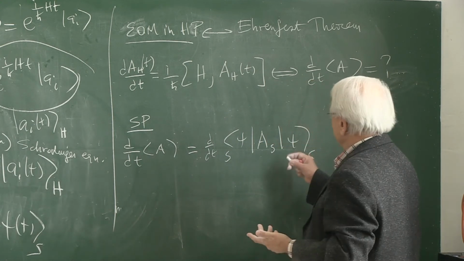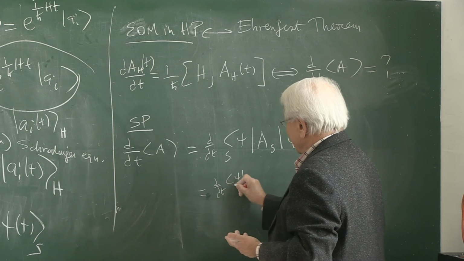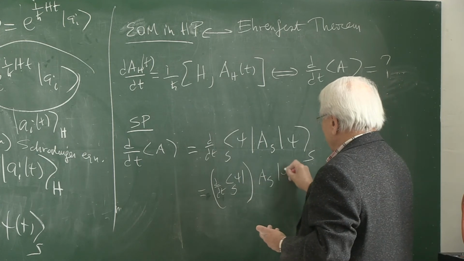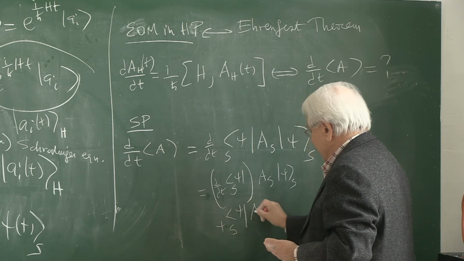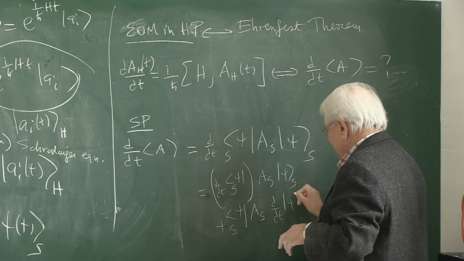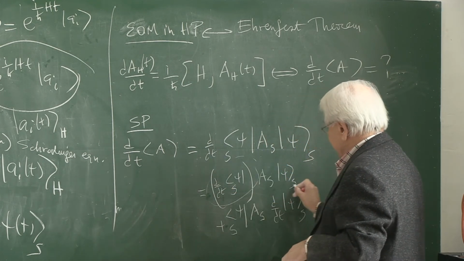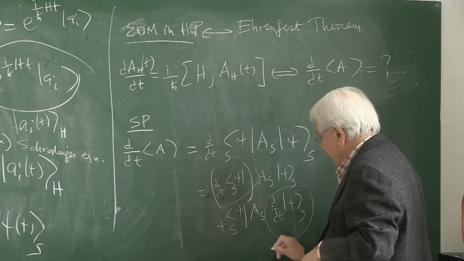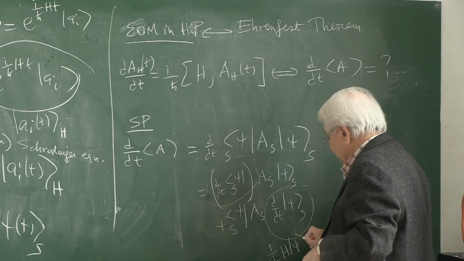So what is it? This is explicitly d by dt psi Schrödinger, you act on that term first, times A Schrödinger psi Schrödinger, plus psi Schrödinger, that's in the left, A Schrödinger, it's not acted upon because it's frozen, d by dt psi Schrödinger. What is this and this? This one is 1 over i h bar, H on psi Schrödinger.